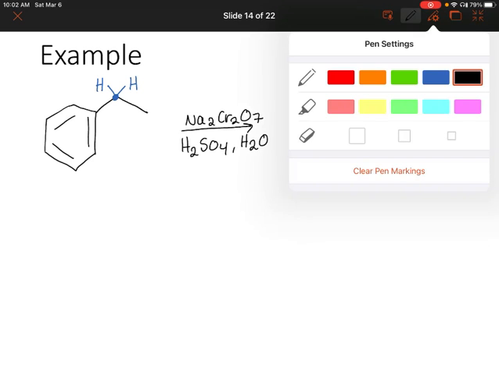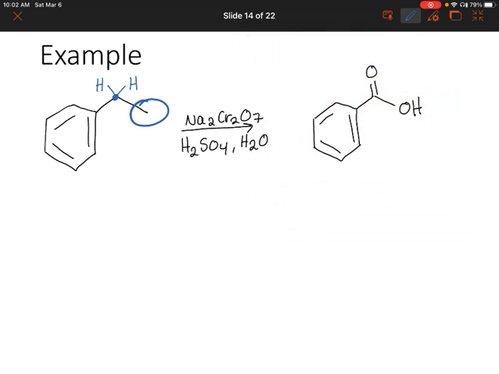Okay, but what happened to the methyl group here? Where did that go? So what's really interesting about this type of reaction is no matter what carbon group you have, you're going to form a carboxylic acid, and then everything else just kind of gets left behind. It leaves the molecule. So that methyl group just leaves. Kind of interesting. It's like magic.